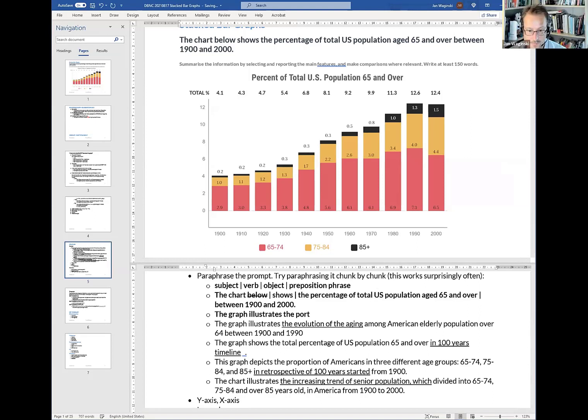The portion or proportion. The percentage of total US population age 65 and over. A good synonym for total US population would be Americans. Good. Americans.